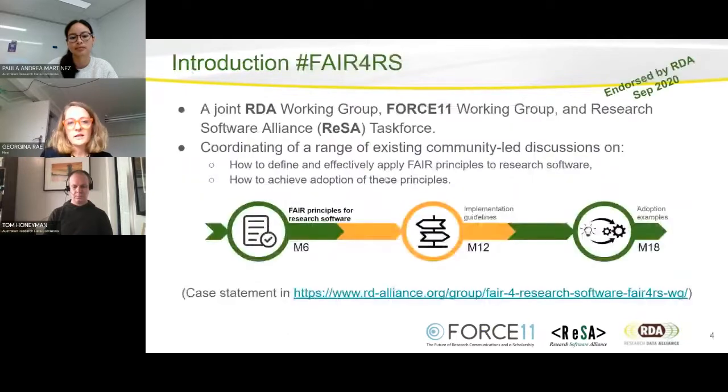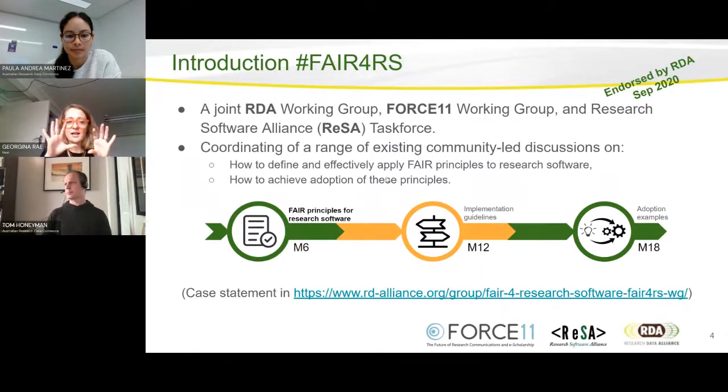And so I will call out that there has been a bunch of different groups contributing into this work. It's a formalized part of the Research Data Alliance. There is a formalized working group within that Research Data Alliance called the FAIR for Research Software Working Group. There's a FORCE11 working group, and there's also the Research Software Alliance Task Force, which is another international group contributing in here.